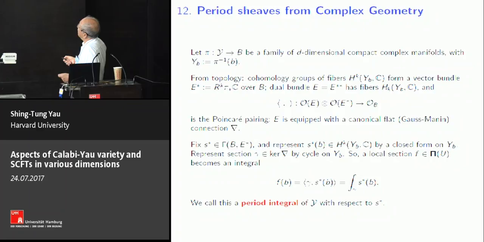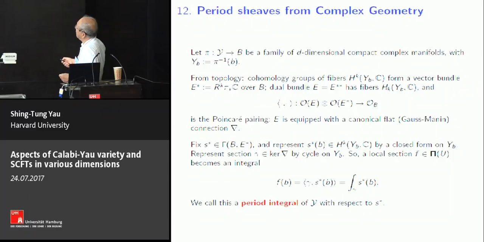E is equipped with the canonical flat connection that we mentioned earlier. Okay. So now fix an S star. So it's a cohomology class representing S star B. B is a point in the moduli space, the parameter space. S star B is simply an element in here, a cohomology class. So it's a closed form. We write it as a closed form by de Rham cohomology. And we take gamma, which is an element, a cycle in Y_B, in the Calabi-Yau space. And then we put a pairing together.